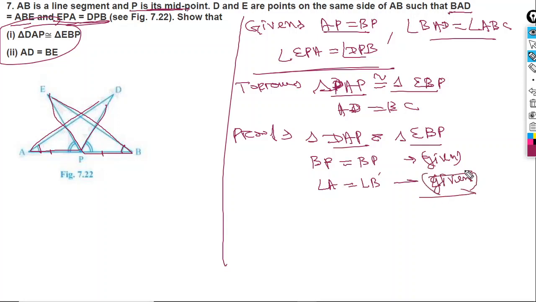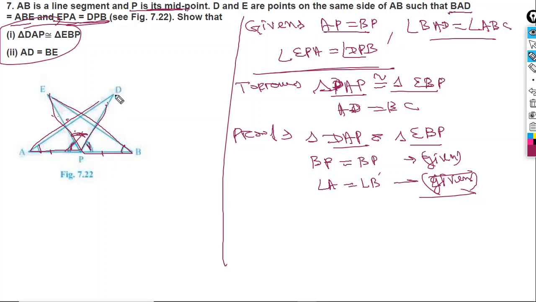Okay. Now what do we need? We need another pair of angles. Here you can see this angle and these two angles are equal. That means angle DPB and EPA, these two angles, are equal. Now if we add this middle angle, what is its name? EPD angle, to both sides, what will happen?